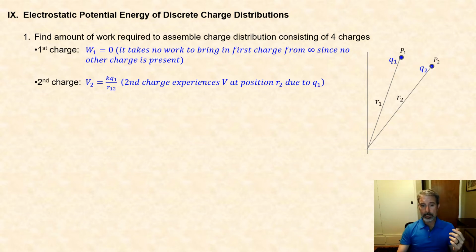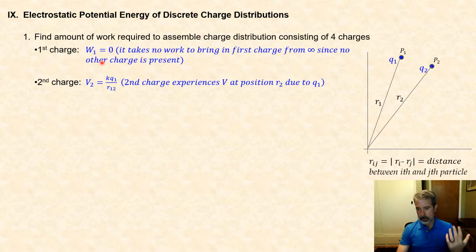So that potential is equal to K times Q1, the charge of point charge 1, divided by what I call R12, where in general R sub ij represents the distance between the ith and the jth particle. So that's simply the distance between point 1 and point 2.